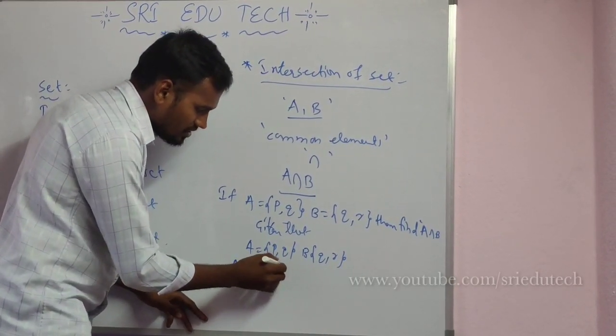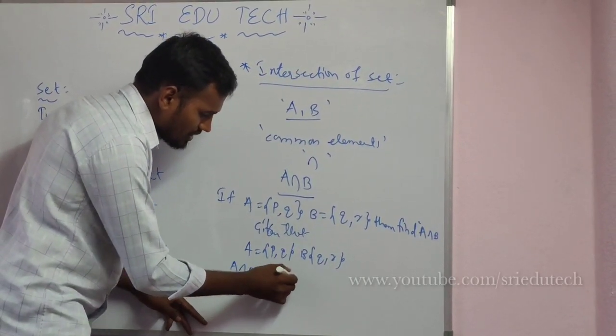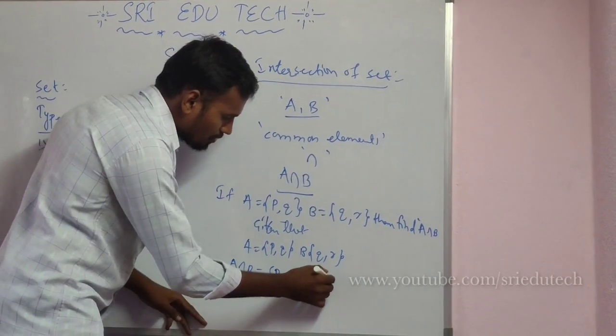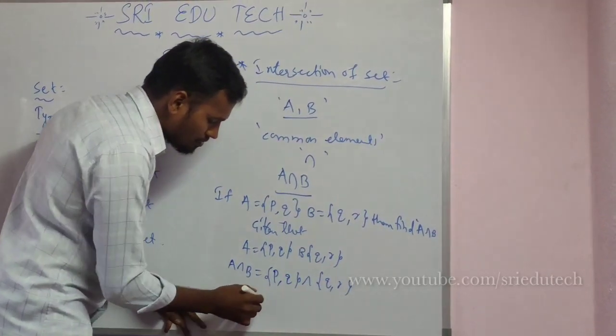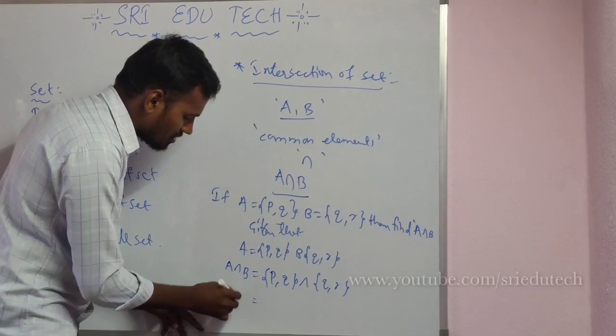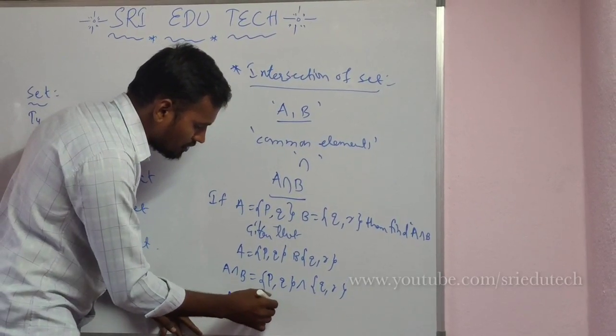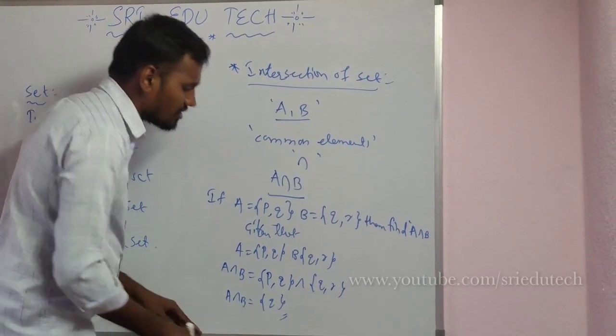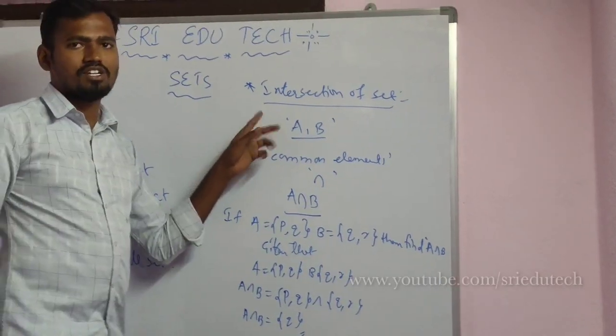What is common in this? Q. Let's see here, P, Q cap Q, R. Then Q is common in both sets. Then A cap B equals Q is the answer. This is intersection of sets.